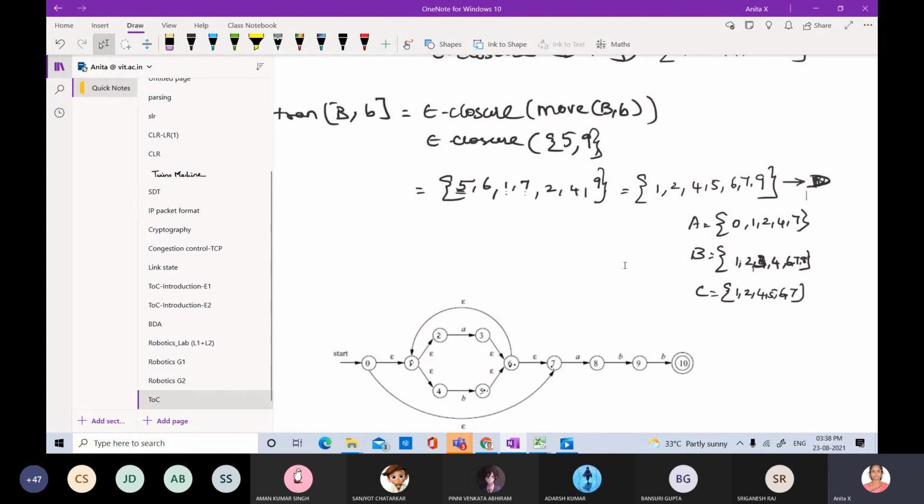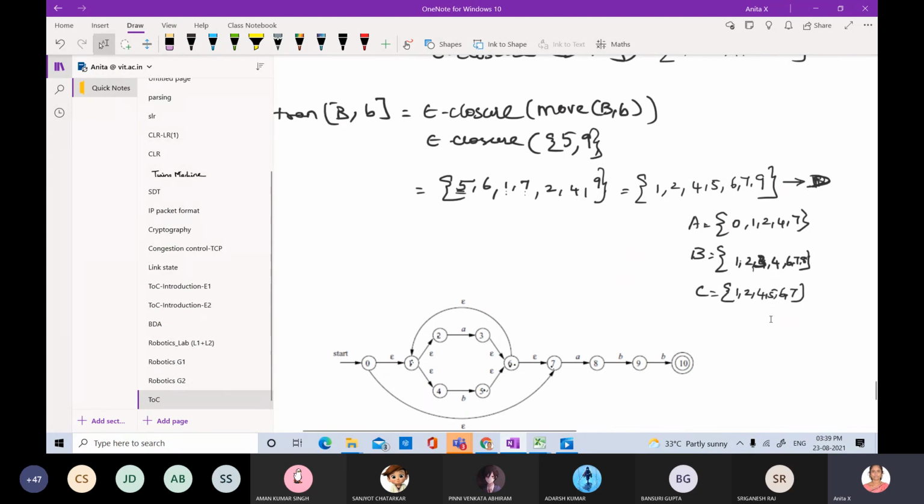I have to proceed with Dtran of C comma A, Dtran of C comma B. Then I have to proceed with Dtran of D comma A, Dtran of D comma B. If any new state comes, for example E or F, I have to proceed with finding out Dtran of those states also. I have to continue this process till I'm not getting any new state further. At one point of time, it will stop, right?